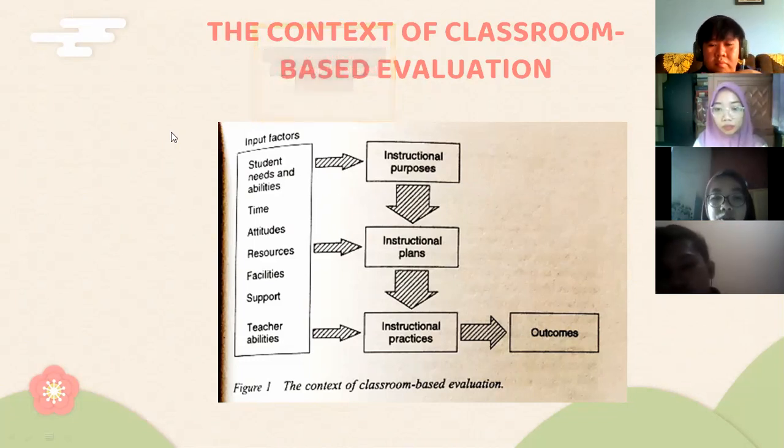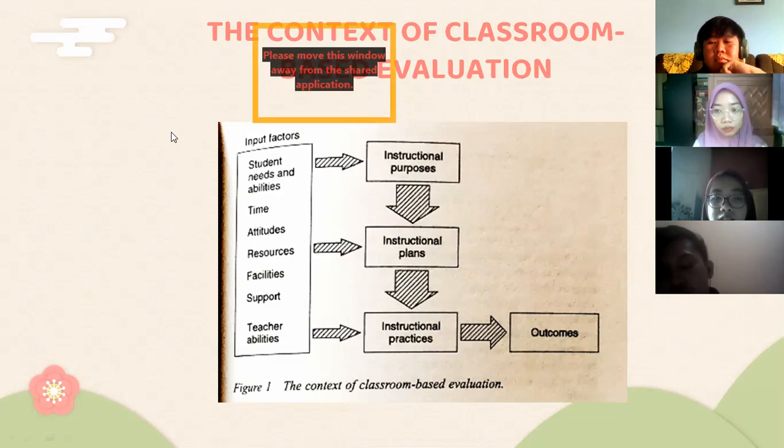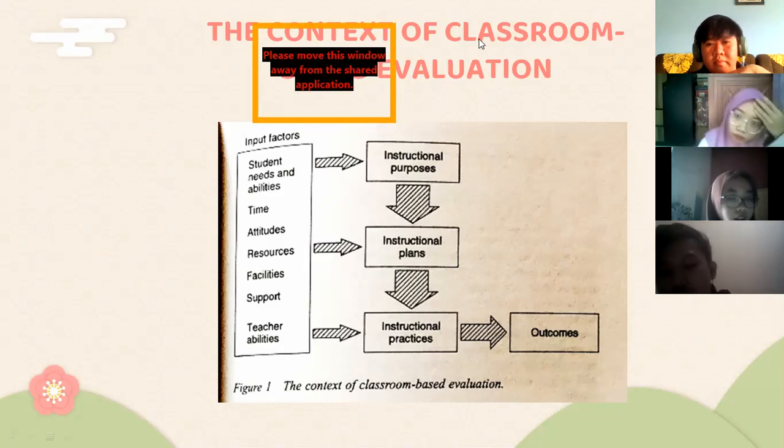The 4 components are influenced by input factors such as student needs and abilities, time, attitudes, resources, facilities, support, and teachers' abilities.